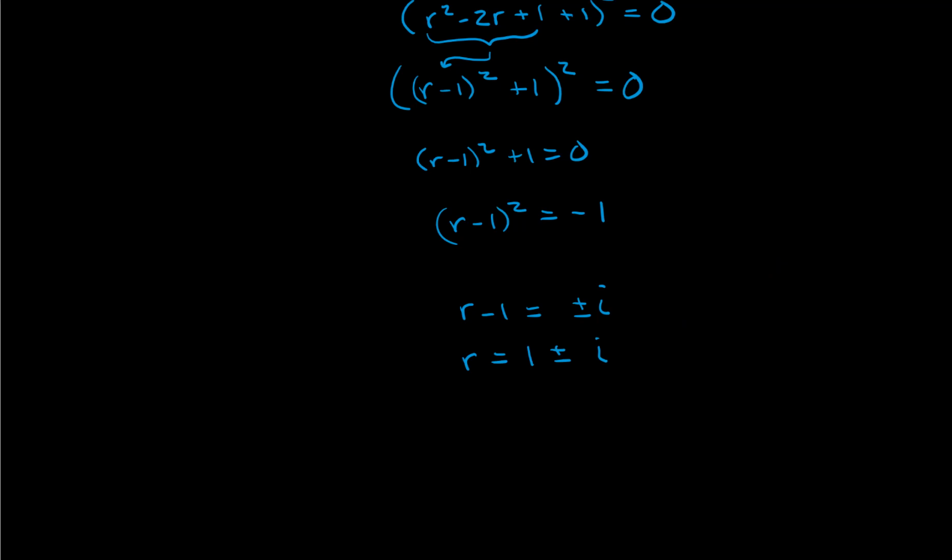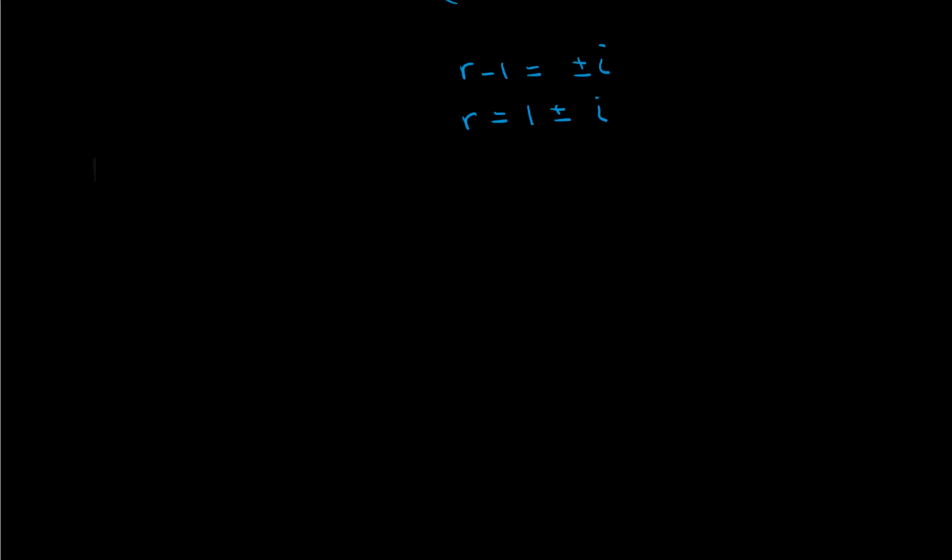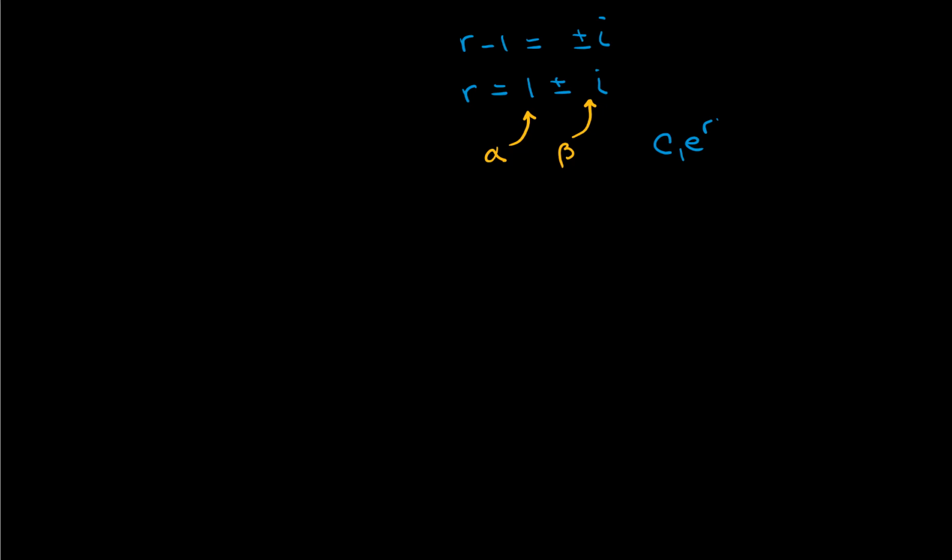Okay, so how do we treat this? Well, the first thing to realize here is that, thinking back to earlier times with Euler's function, we have alpha there, and we have beta there. So what we can do is use this idea here of c1 e to the rx plus c2 x e to the rx for my double root. All right, so where's that take me?